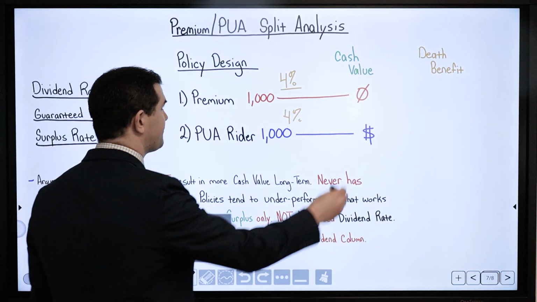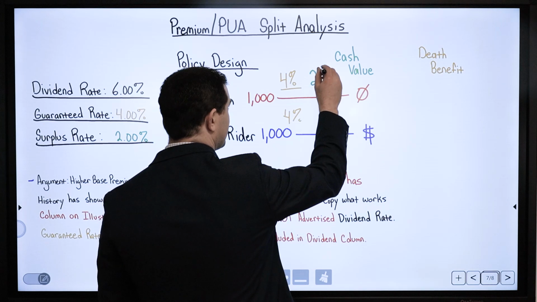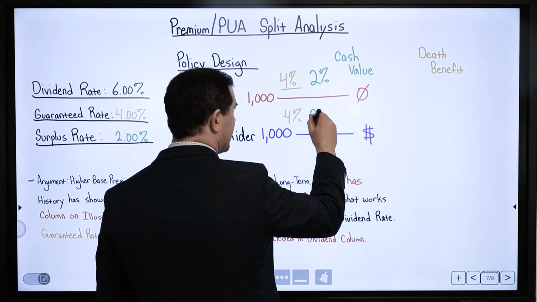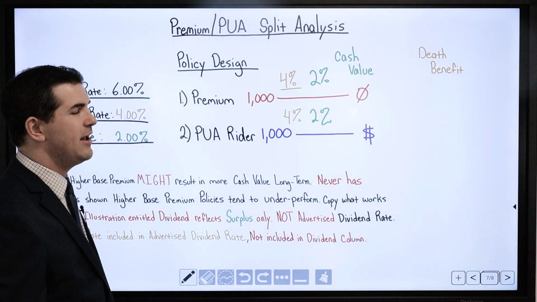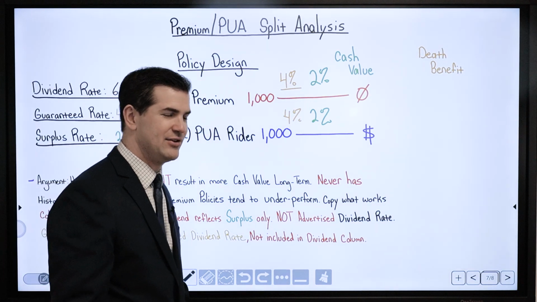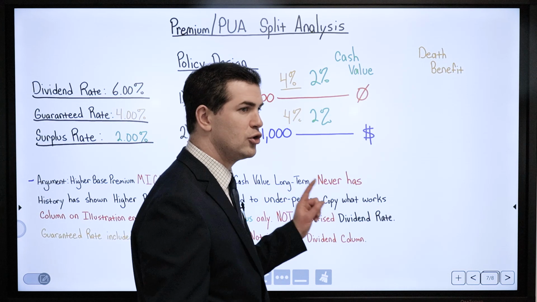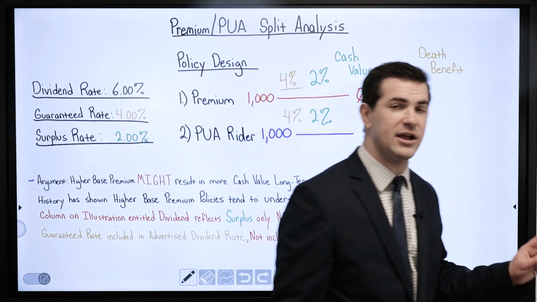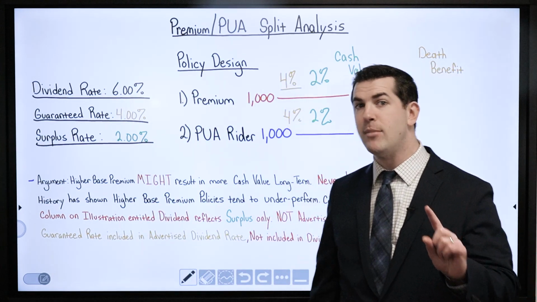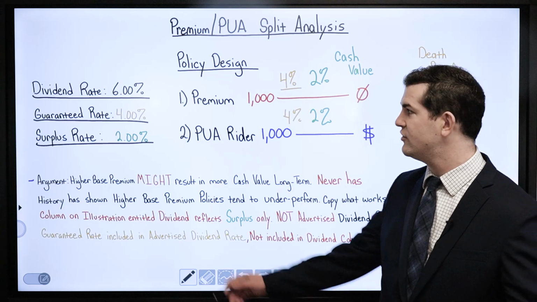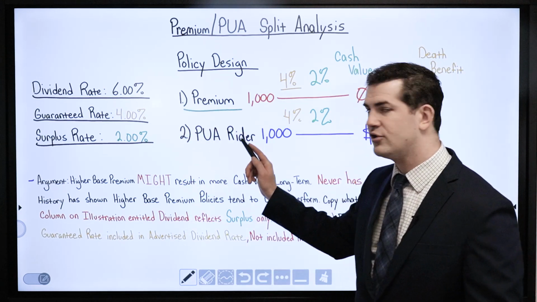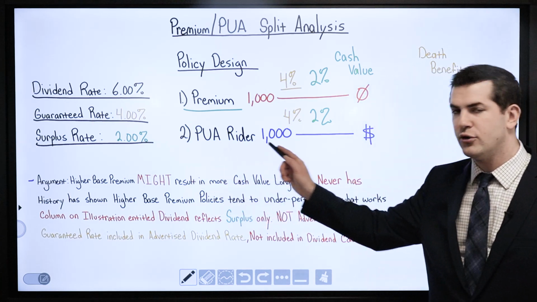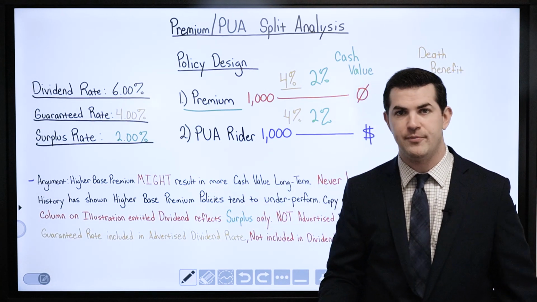The surplus rate, however, here's what I want to touch on. This is different. It is 2% on paper that the company pays toward both the base premium and PUA component. However, the surplus portion, everything above the guarantee, with most life insurance companies, is more favorable on the base premium dollars compared to the PUA rider component.